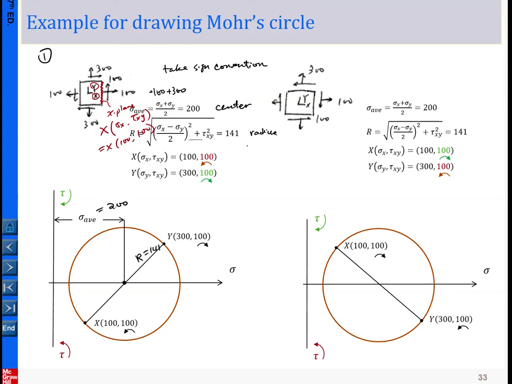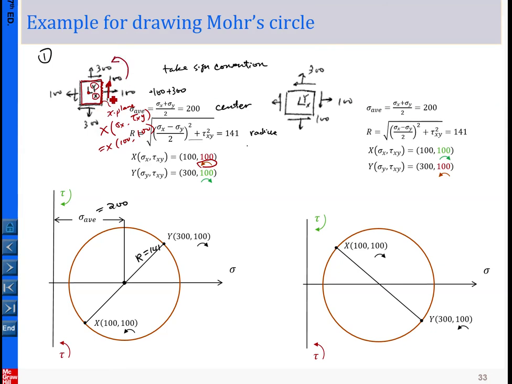Okay, let me give more explanation about the direction here. We focus on this shear stress. The shear stress is 100, and the pointing direction is upward. This direction can be explained as follows: the shear stress pointing upward has a tendency to rotate this stress block with respect to the origin in a counterclockwise way.